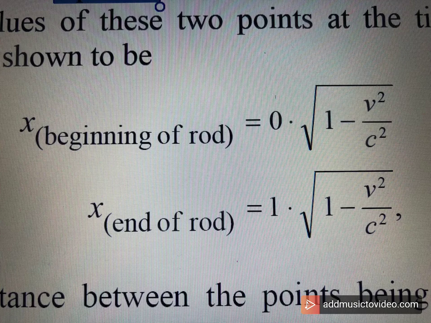For the velocity v equals c, we should have square root of 1 minus v squared over c squared equals 0. And for still greater velocities, the square root becomes imaginary.